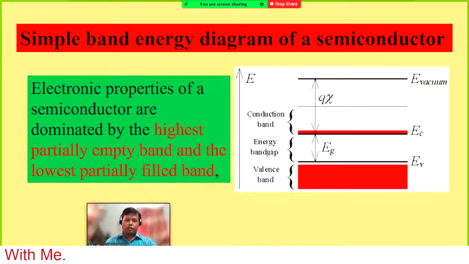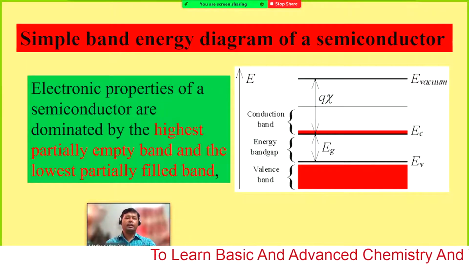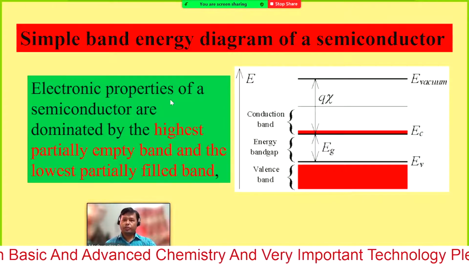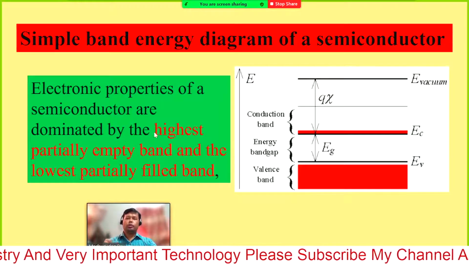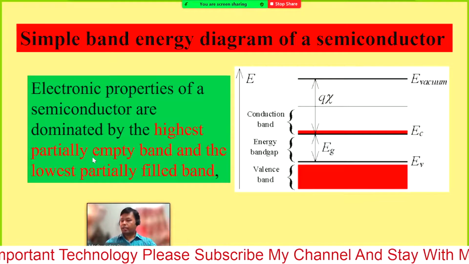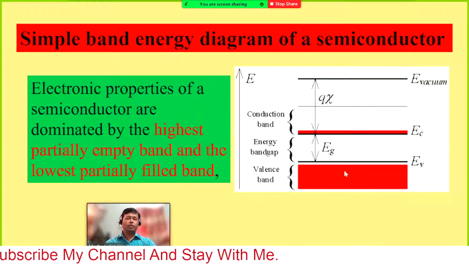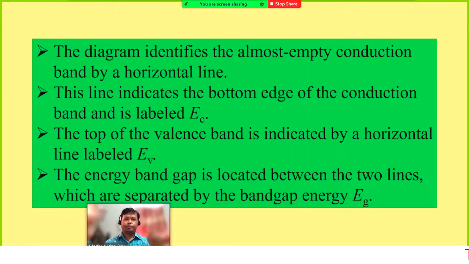The electronic properties depend on the arrangement of electrons, how many electrons there are, and whether the band gap is large or not. So by this consideration we can easily estimate the properties of a material.